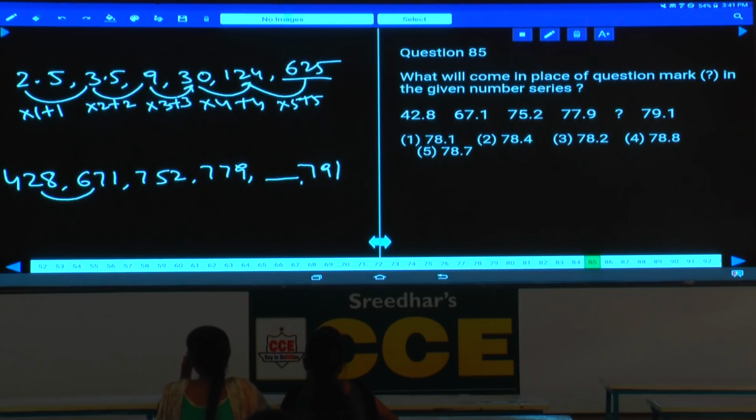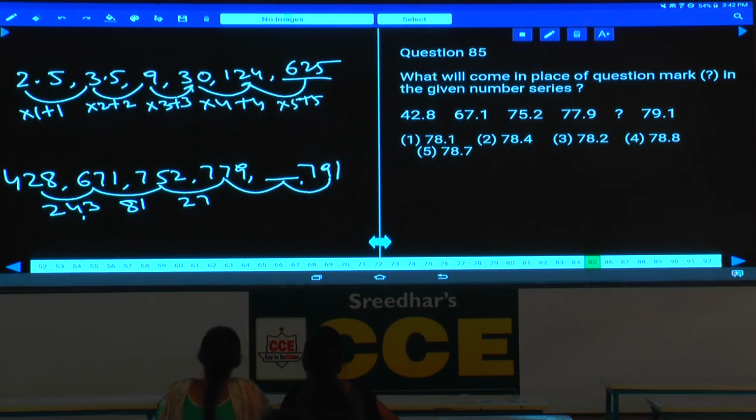The difference between these two is 243. Now 671 and 752: 52 plus 39, that is 81. 81 is the difference. And the next difference is 27. And the next difference must be how much?